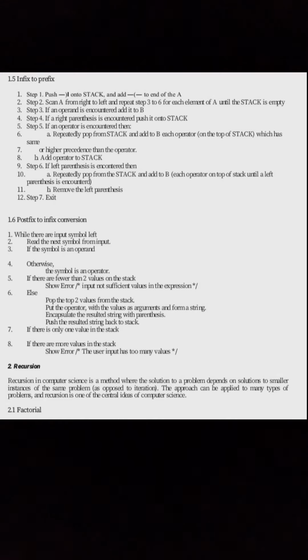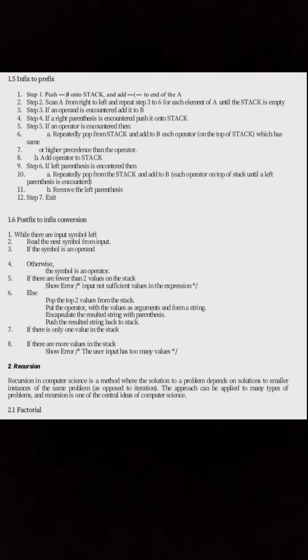If an operator is encountered, then repeatedly pop from stack and add to B each operator on the top of the stack which has same or higher precedence than the operator. Add operator to stack. If the left parenthesis is encountered, then repeatedly pop from the stack and add to B each operator on the top of the stack until a left parenthesis is encountered. Remove the left parenthesis.